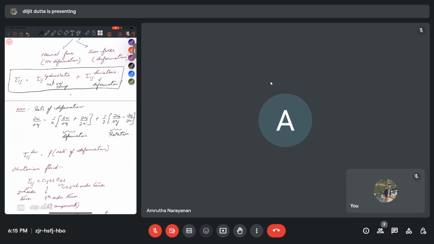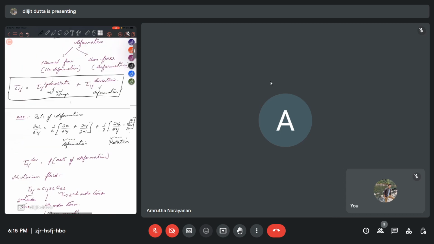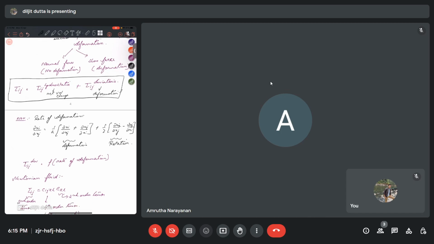Now we will see the rate of deformation. It is given by del u_i by del x_j. So i corresponds to x direction and j corresponds to y direction. This is a tensor, so we can break it into the sum of an asymmetric and a symmetric tensor part.